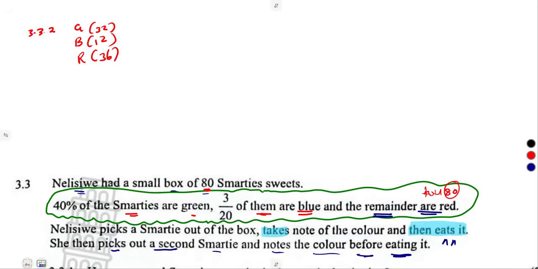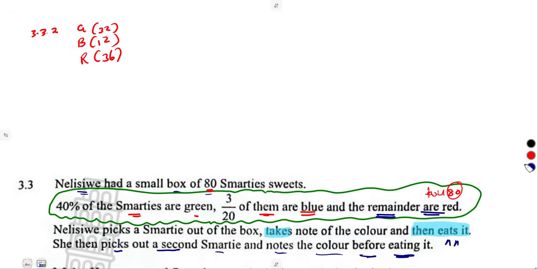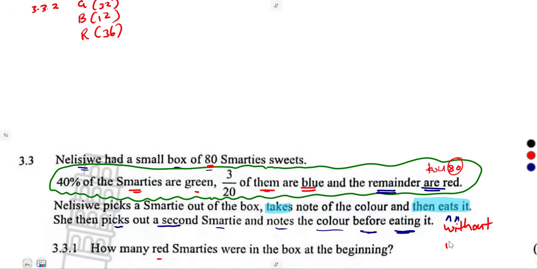So if we consider this, we are saying that's without replacement. With replacement, you note the color, then you place it back into the box. That is a with replacement.